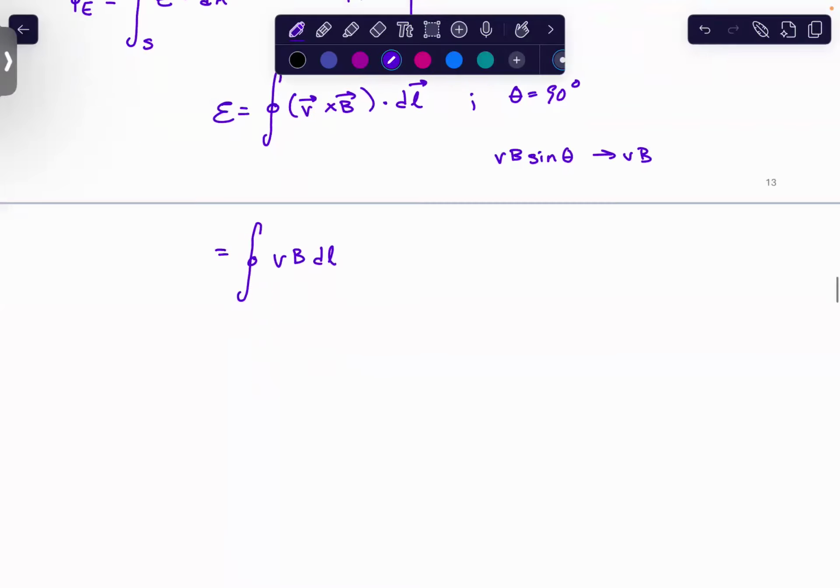We're going to get VB dL. B and V are constants. Then we have to ask ourselves what dL is.